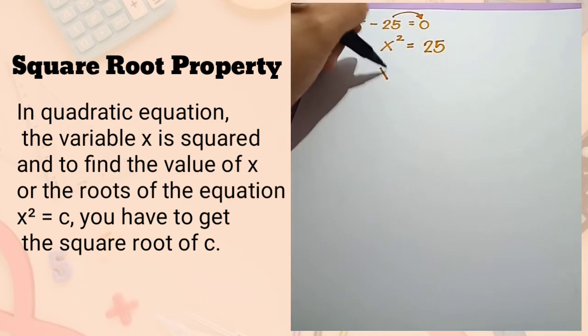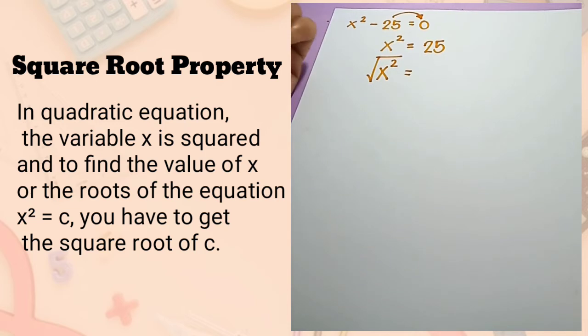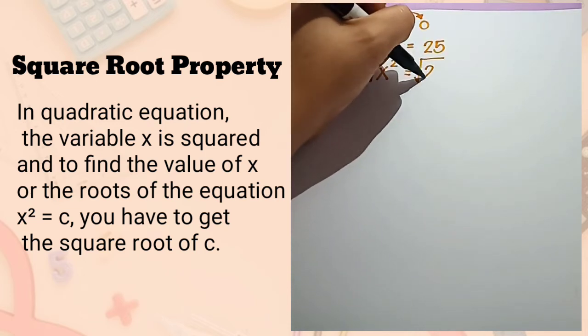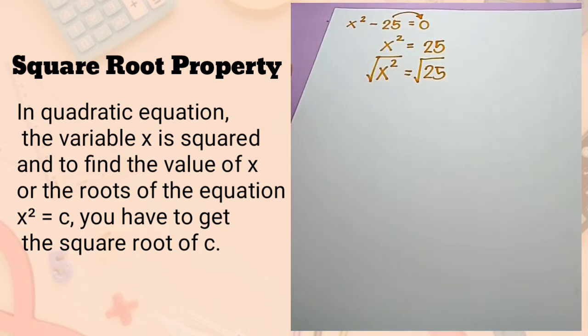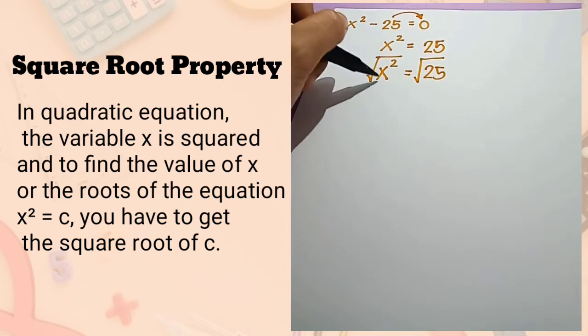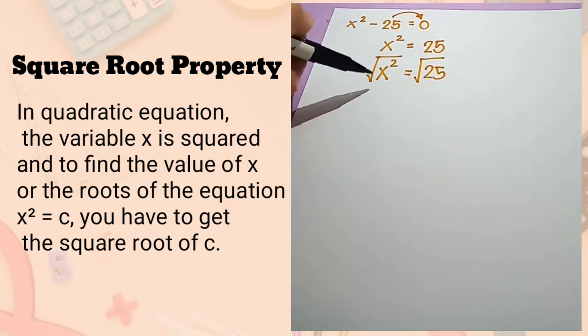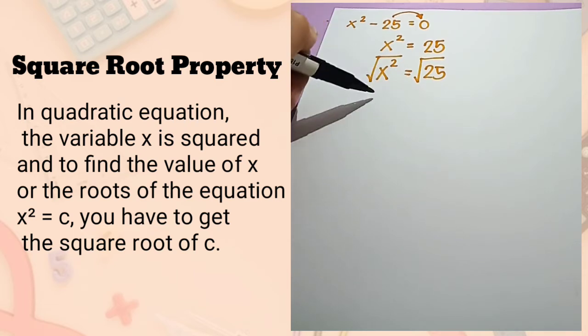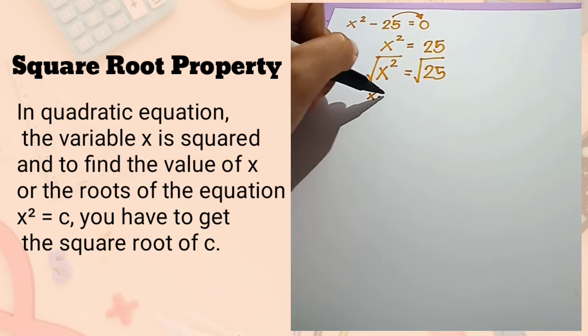Kuhanin natin yung square root ng x squared at kukuhanin din natin yung square root ng 25. Square root of x squared. Ilang beses daw na-multiply ng dalawa yung x? Di ba ang ibig sabihin nito ay x times x.